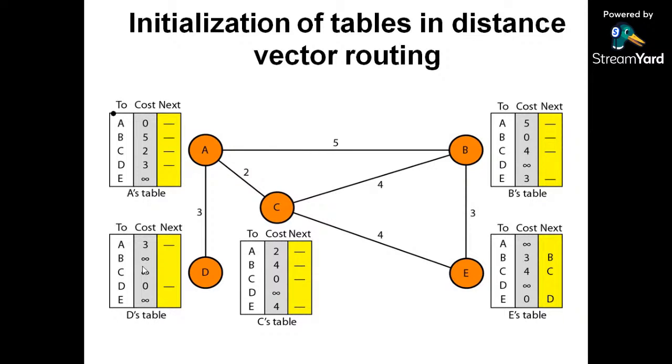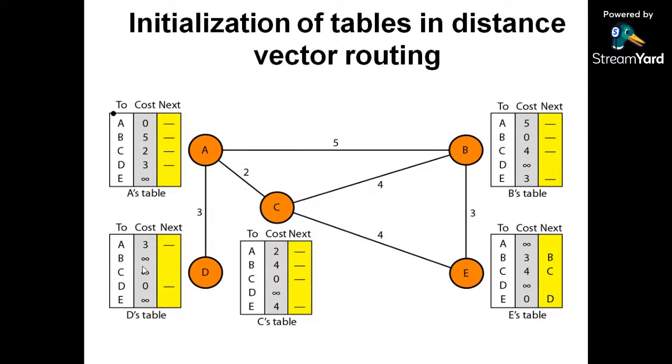From D to C, again there is an intermediate node, so the cost is infinity. From D to D itself, the cost is 0. And from D to E, again there is an intermediate node, so the cost is infinity. Now we can make C's table. From C to A, again the cost is 2.